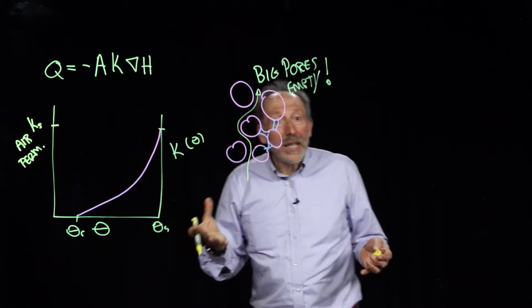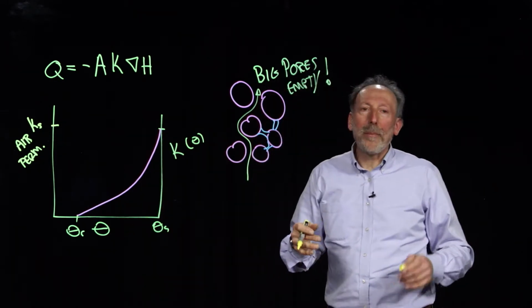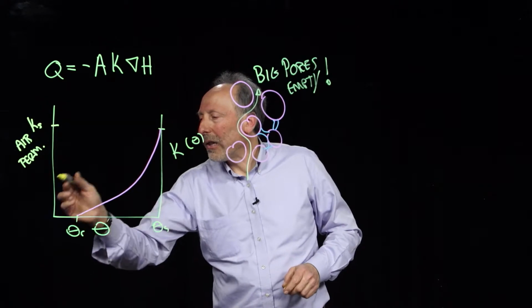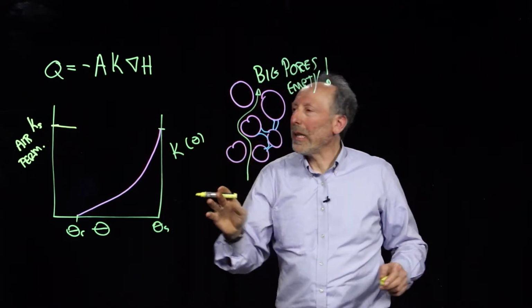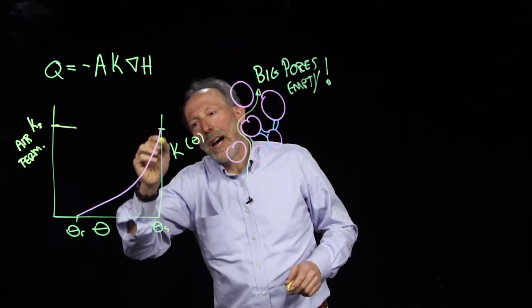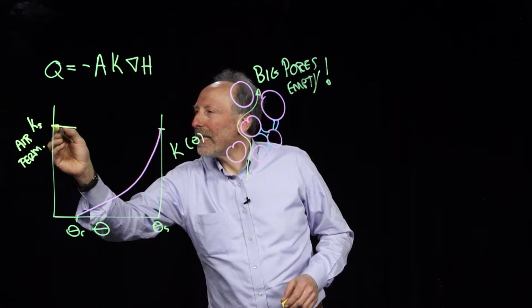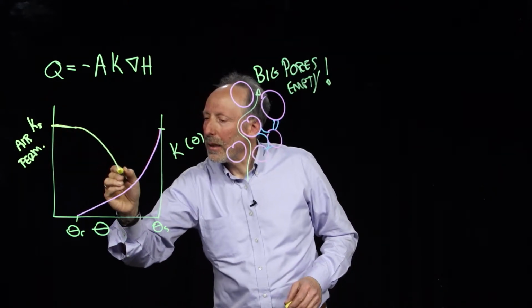Now, our first temptation is to say, well, we've done this, we know about all that, how things drop, but it's different. Because when we are at low water content, all those little blobs of water don't really matter. So unlike the hydraulic conductivity, which drops really rapidly, the air permeability stays rather high for a long time and only drops later.